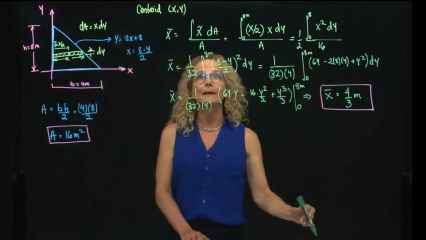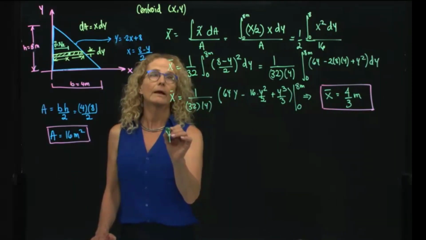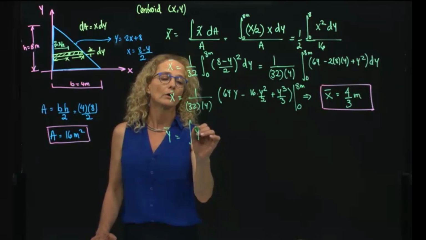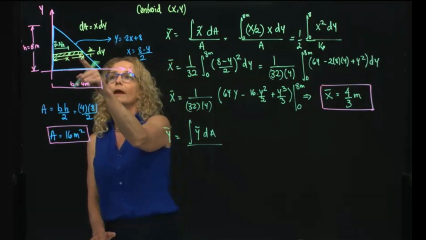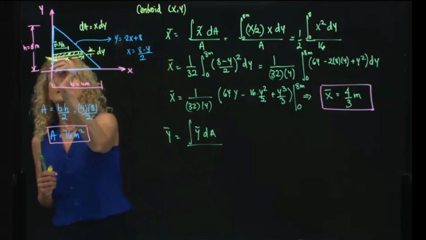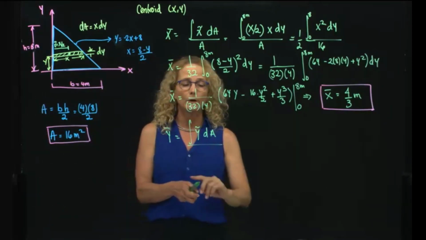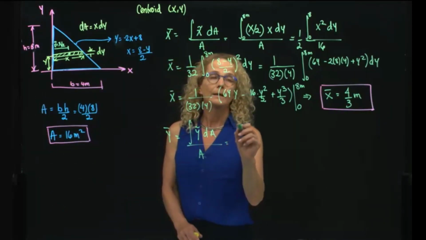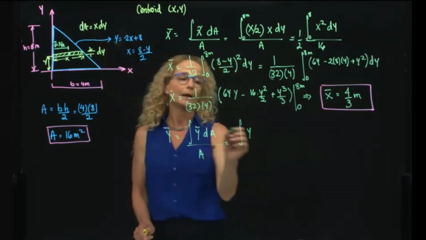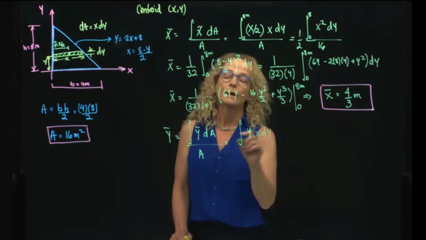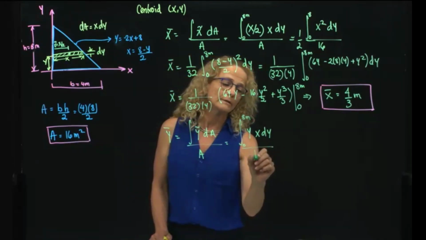I will do the same for my y, and in this case, the centroid of my differential of area is all located at the same distance y. Therefore, I don't have to divide by 2 or anything. So my integral will be y times the differential of area, which is x dy, with the limits of integration from 0 to 8, over 16.